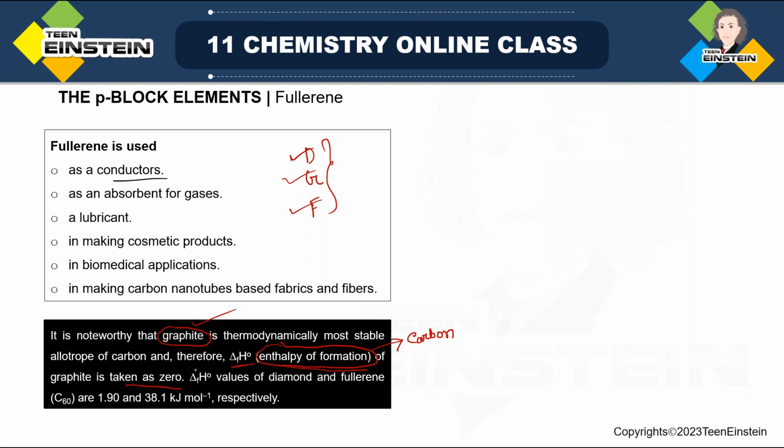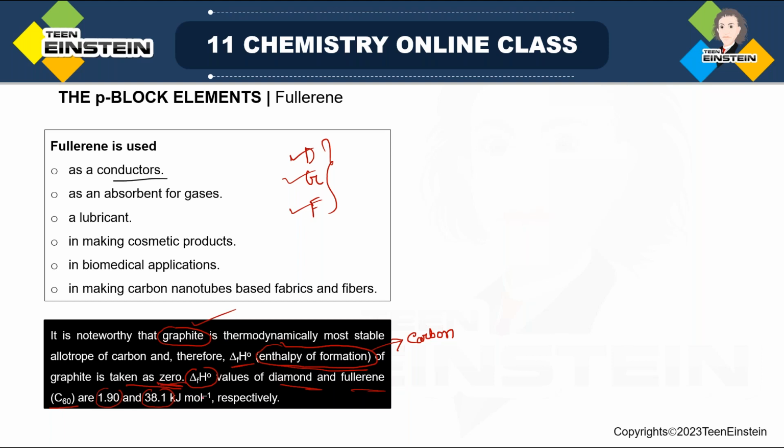But for the other two crystalline allotropes, diamond and fullerene, the ΔHf° value differs. Not any fullerene, it is C60 fullerene, because there are different types of fullerene, but we are just focusing on C60. For diamond, the ΔHf° value is 1.90 kilojoule per mole, and for fullerene it is very high, 38.1 kilojoule per mole. But for graphite it is considered 0.